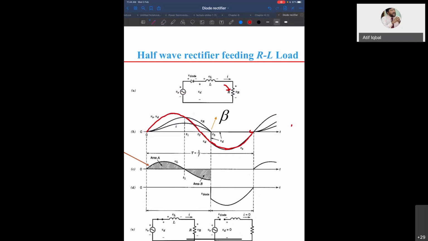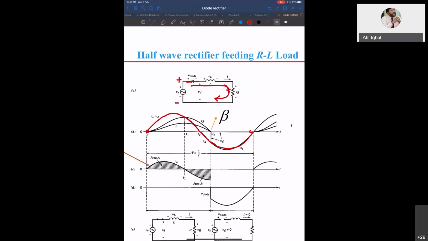Okay, no problem. Now, when the source starts its positive half cycle, this is positive, this is negative. When this is positive, what will happen? The diode will be on. And when the diode is on, the current starts flowing like this.